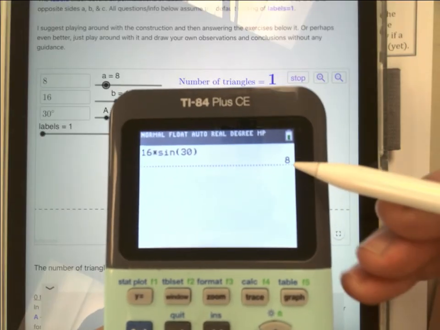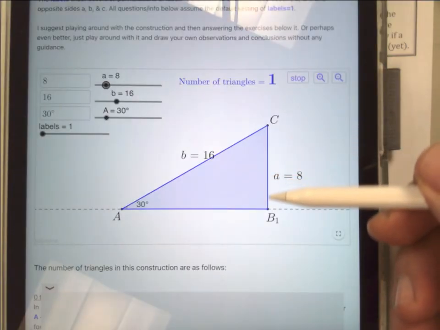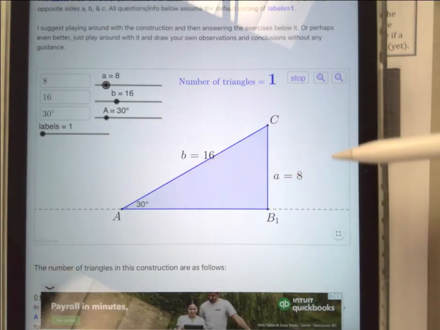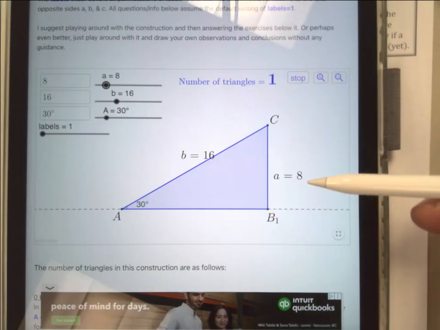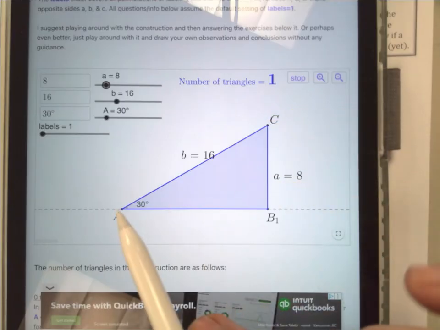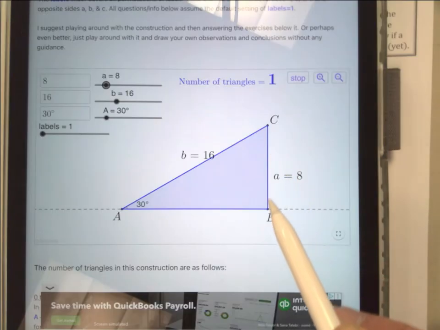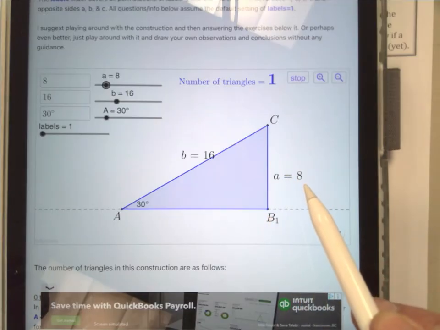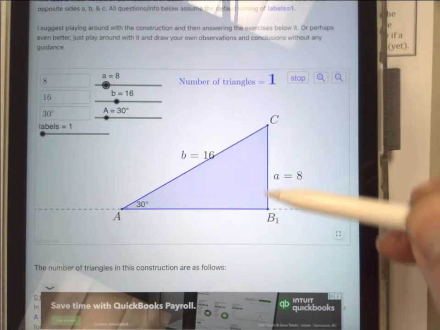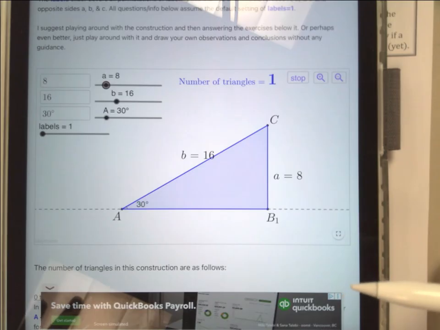What do you get? 8. So if that string that was dangling earlier is exactly equal to 8, that represents the exact height. Like if I were to extend this to 16 centimeters and then measure the height to the ground, we know it's 8. So if this side, the string, is 8, you have a perfect right triangle at this point.